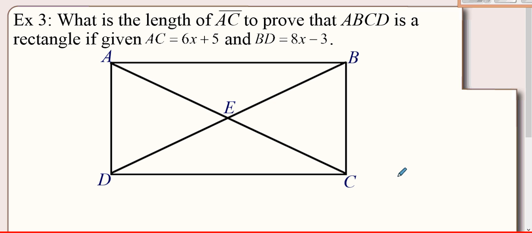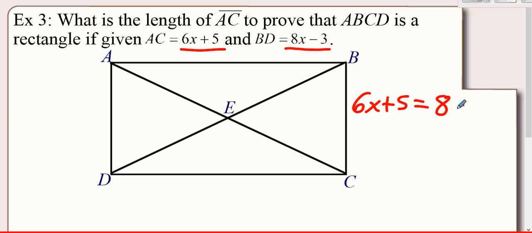So AC is one of the diagonals. BD is the other diagonal. They're congruent, which means they're equal. So 6x plus 5 equals 8x minus 3. And then we're going to solve for x.